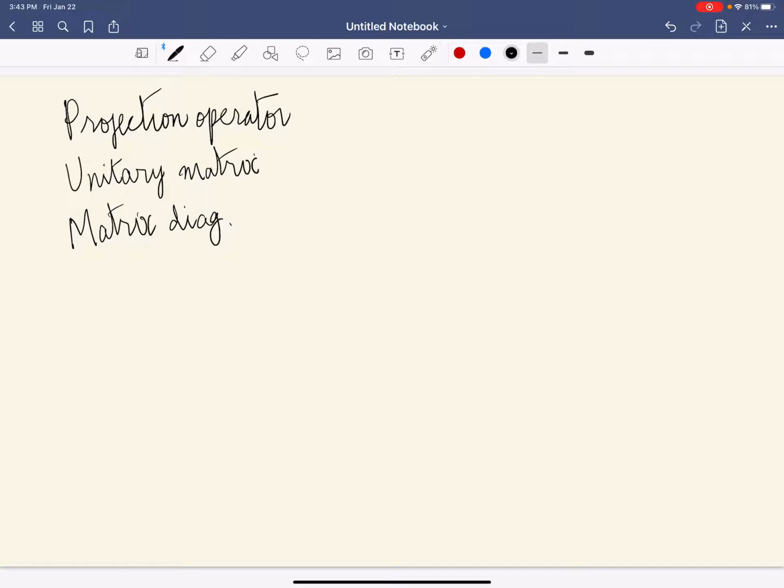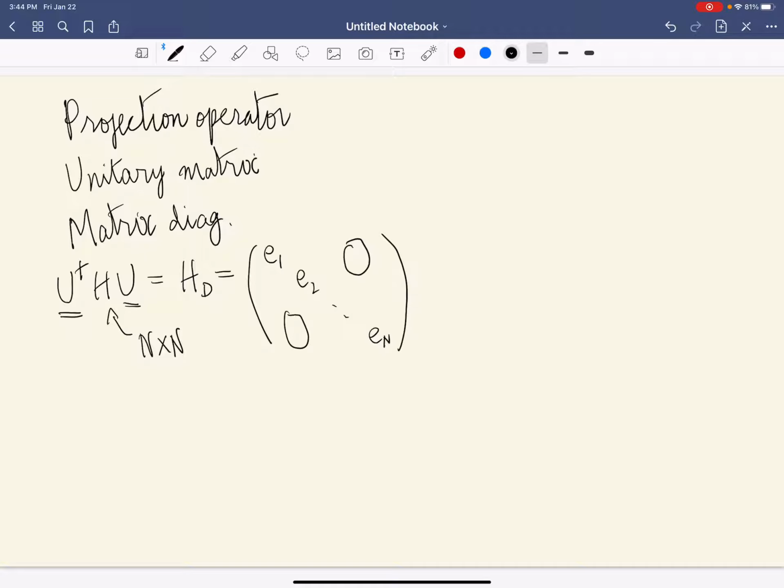What we learned last time was that, given some Hamiltonian, which can be any n by n Hermitian matrix, you can find a unitary matrix and perform a unitary transformation on that Hamiltonian so as to bring it into a diagonal form consisting of only the diagonal numbers, which are real valued, and they're called eigenvalues.